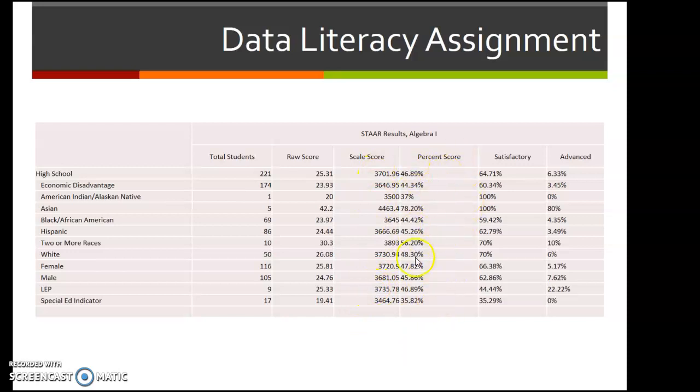This is the percent correct. Satisfactory is the percent who passed, and then advanced is the top 5%. So this is the number of students who scored or outperformed 95% of the other students. So really this passing is what's most important in looking at data, but these other numbers give us some more information.